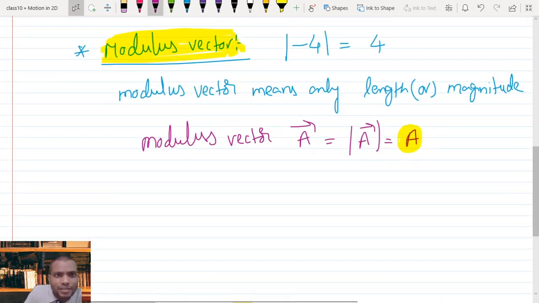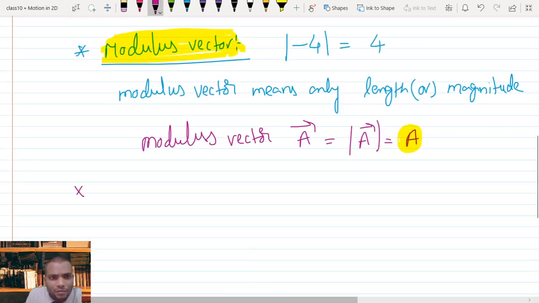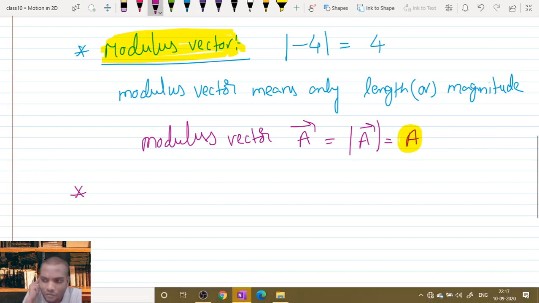A unit vector is defined as a vector whose magnitude is 1. A unit vector is a vector of unit magnitude drawn in the direction of a given vector.